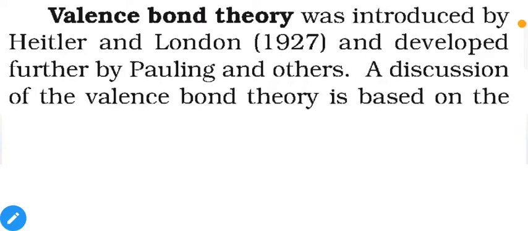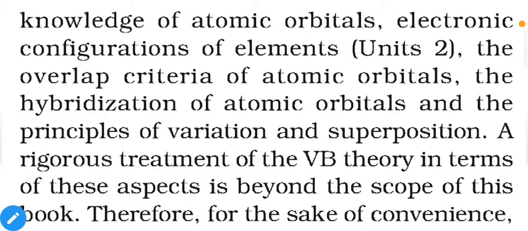Valence bond theory was introduced by Heitler and London and developed further by Pauling and others. A discussion of valence bond theory is based on knowledge of atomic orbitals, electronic configuration of elements, the overlap criteria of atomic orbitals, the hybridization of atomic orbitals, and the principles of variation and superposition.